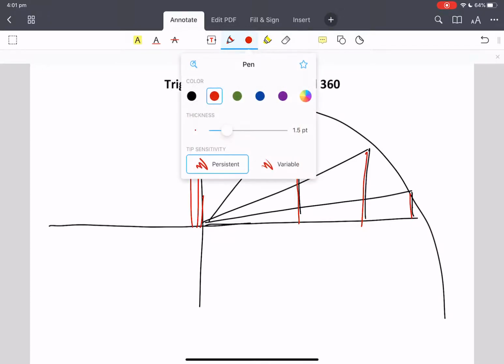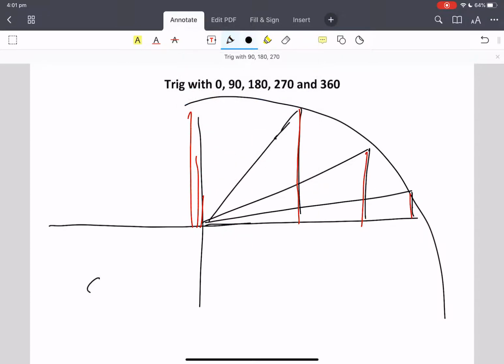When I look at sine of theta, it's going to be whatever the length of that red line is divided by the black line, if that makes sense.